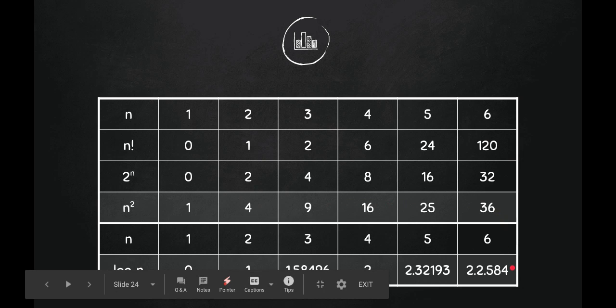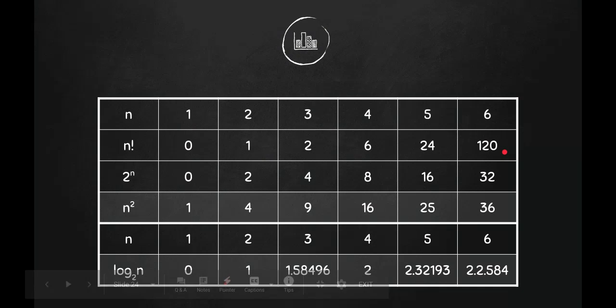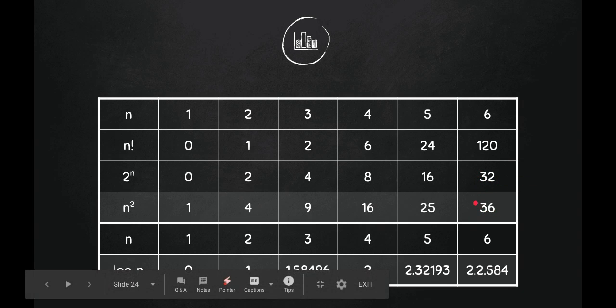And then log n down here at the bottom. So you can see n factorial is the one that gives you the biggest number the quickest as these grow. 2 to the power of n will grow rapidly, so that will just double each time. So that next step will be 64, 128, and getting bigger. At this stage, it looks smaller now, but it will become bigger very quickly, much bigger than n squared.